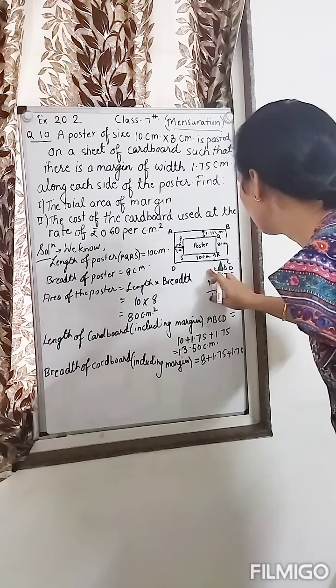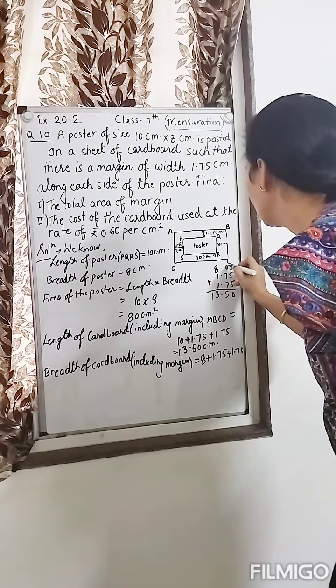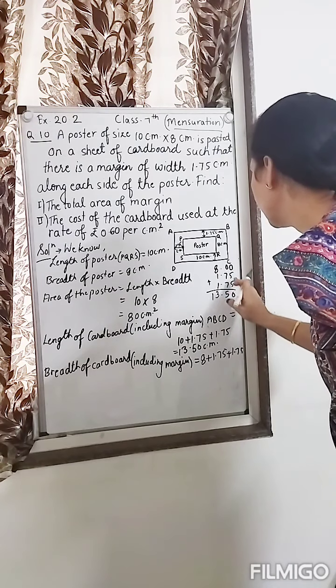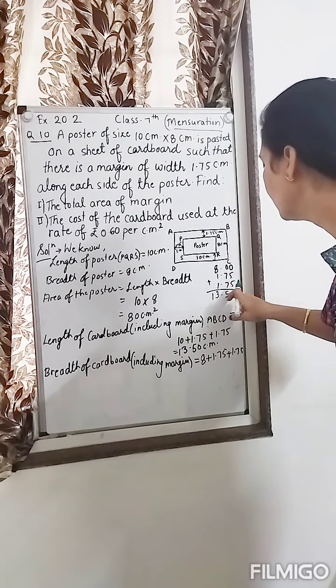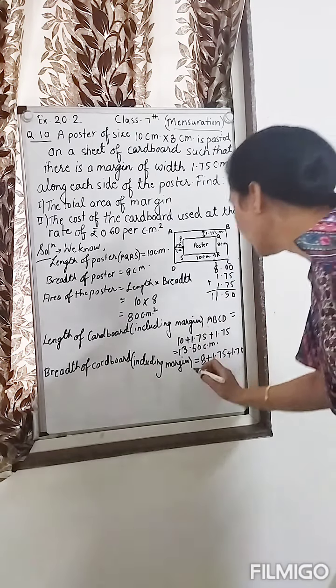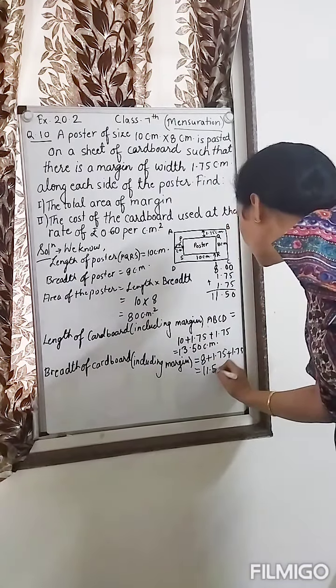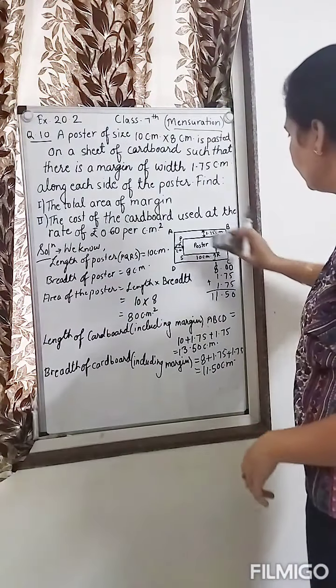So let's add it here only. 8.00, 1.75, 1.75. The 5 plus 5, 10, 0, 1. 7 plus 7, 14 plus 1, 15. 5, here 1 is as a carryover. So 8 plus 1, 9, 10, 11. So it will be 11.50 centimeter. I hope till now it is clear.